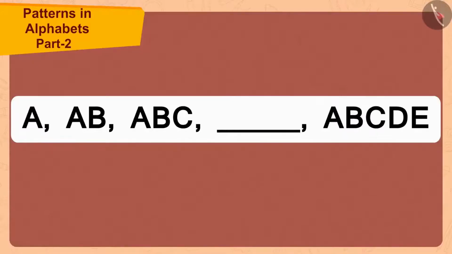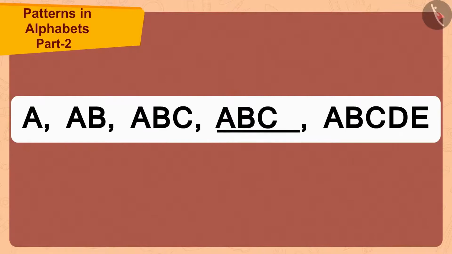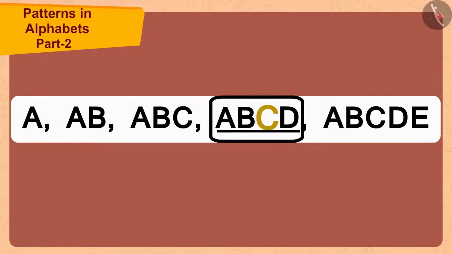And when AB, both these letters are repeated, then the next letter C was added to it. So, now what will be the letters that come in the blank space? Repeating A, B, C will add the next letter D to it. In this way, the letters in the blank space will be A, B, C, D.